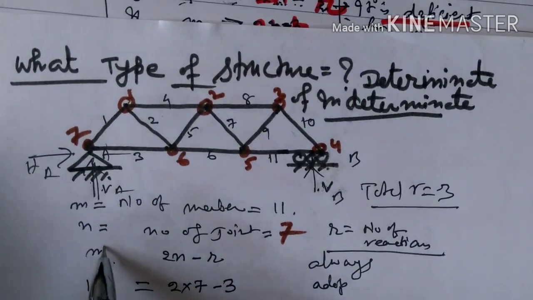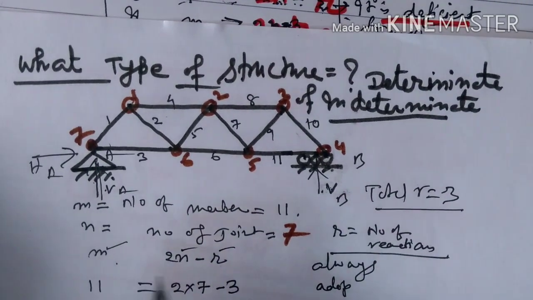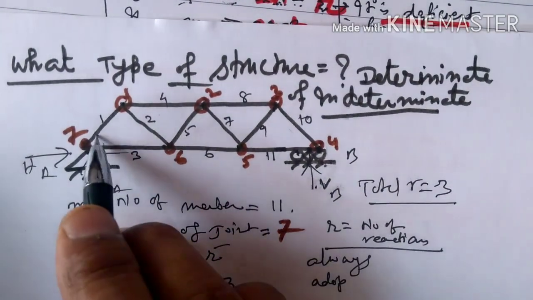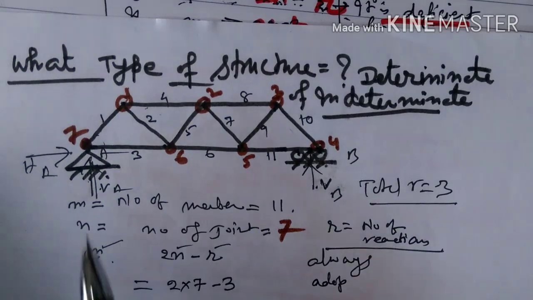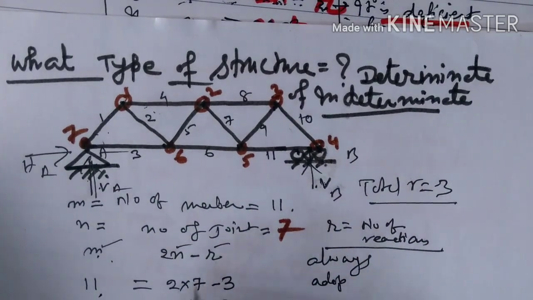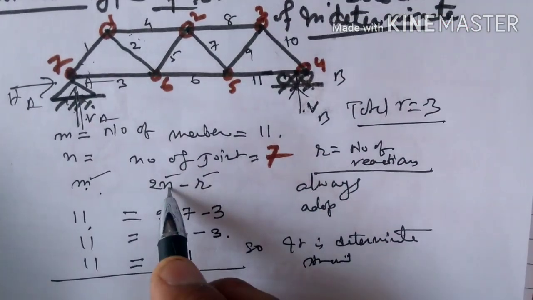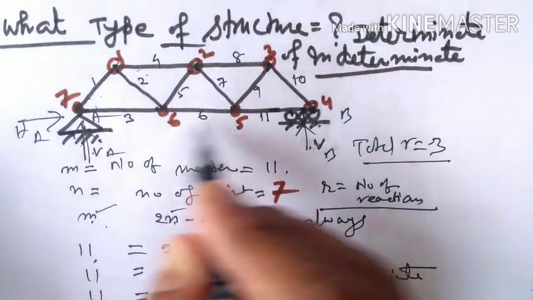So here is M, and on this side write down 2N minus R. The total number of members, you just count: 1, 2, 3, 4, 5, 6, 7, 8, 9, 10, 11. There are 11 members. And what is the number of joints? Joint means node. Here 1 node, 2 node, 3 node. Just count.